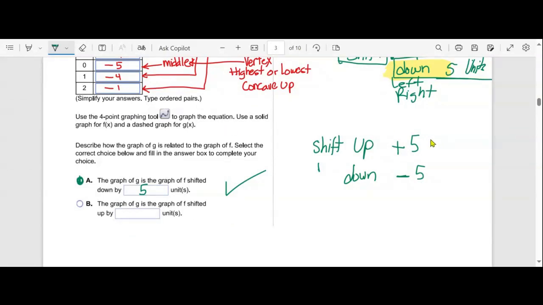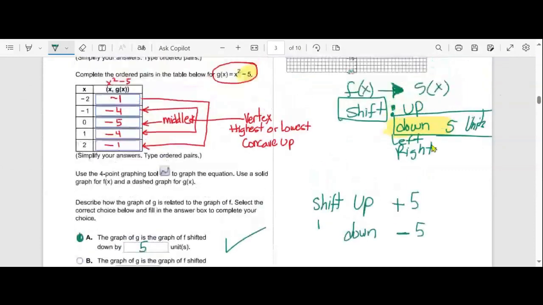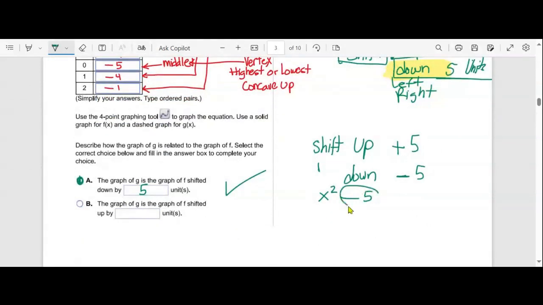So as you can see from the problem, g of x is x squared minus 5. From this -5, you will say it shifts down 5 units. I have to remove this negative from here because we are not supposed to write the negative.